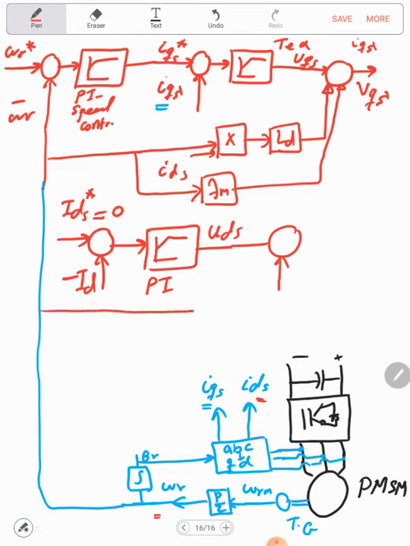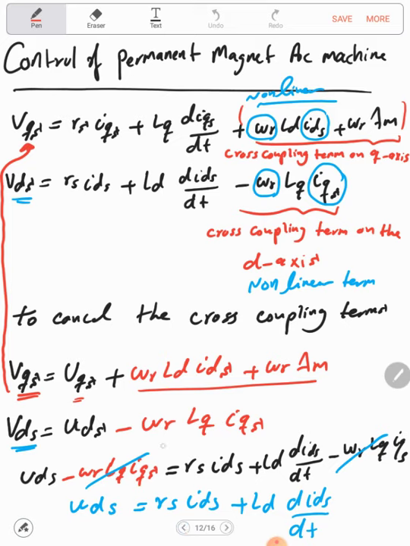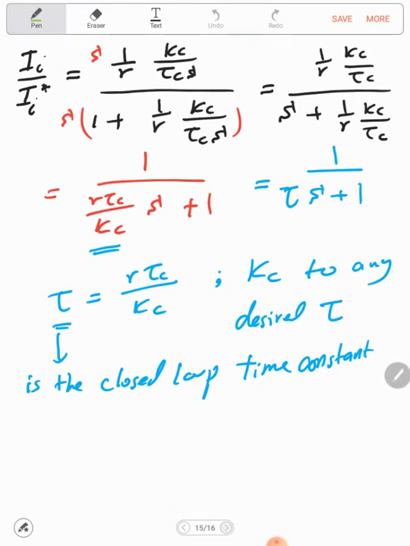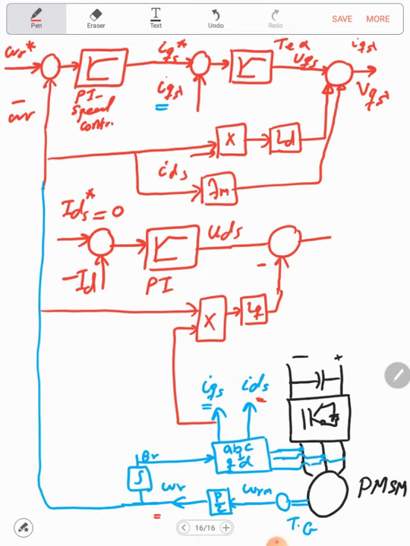So this is the omega r multiplied by the IQS, then multiplied by the inductance, which is the LQ, and here it's a minus in order to fulfill the feedback linearization that we use in order to cancel the nonlinear term or the cross coupling term on the D-axis. So this will generate VDS.